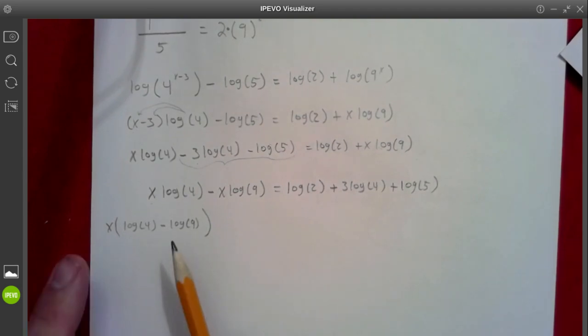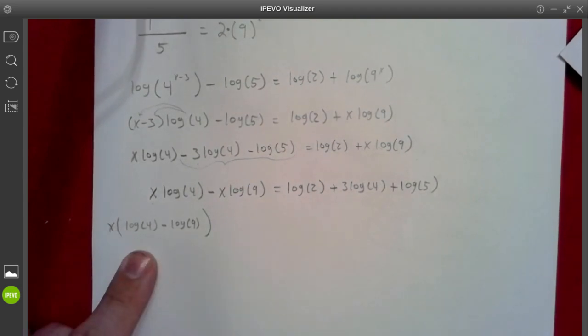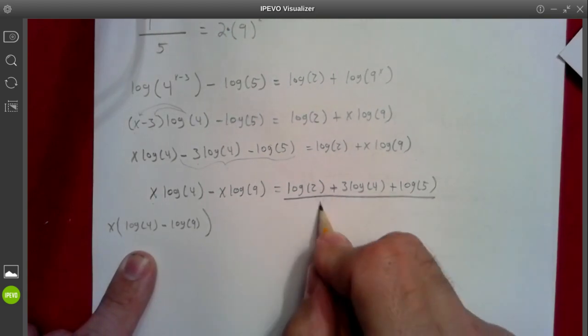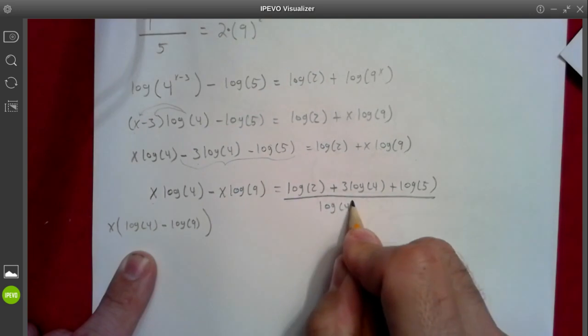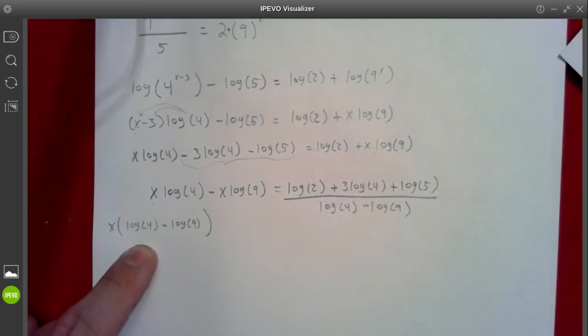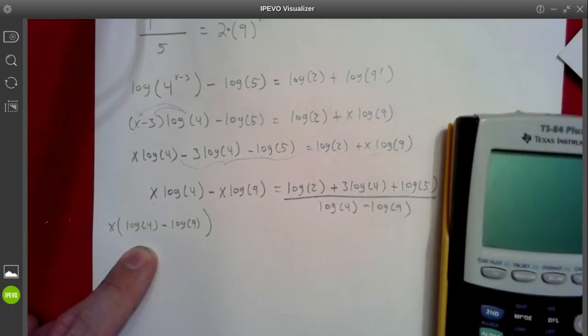My next step would be to divide both sides by this. So it's going to be the right-hand side divided by log 4 minus log 9. Just like that. Let's see what that comes out to.